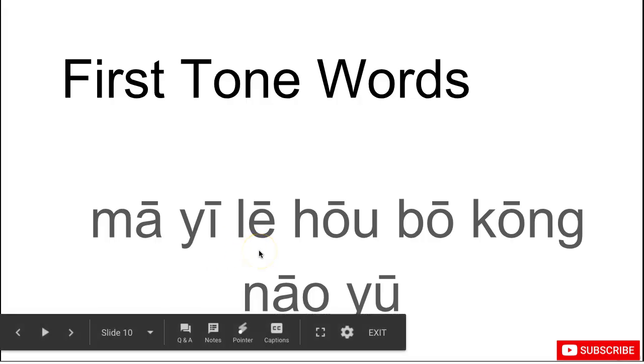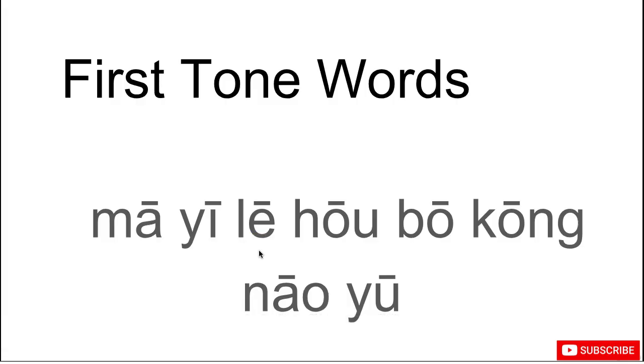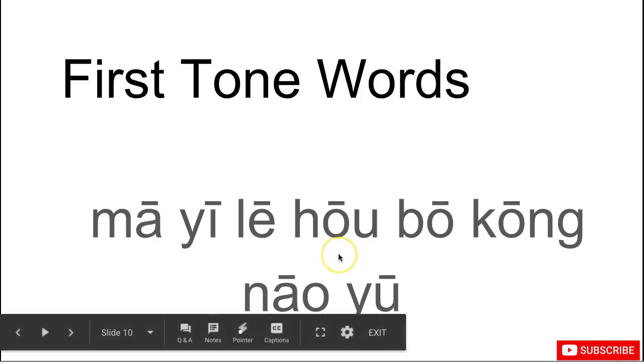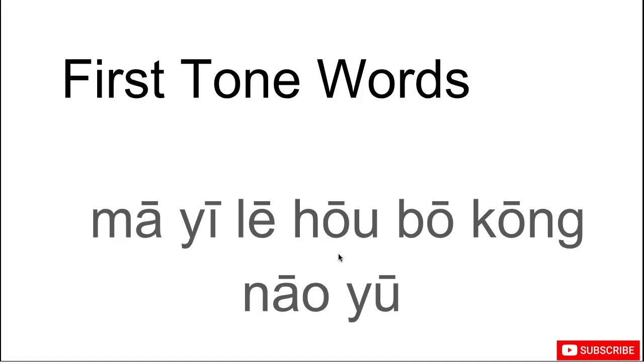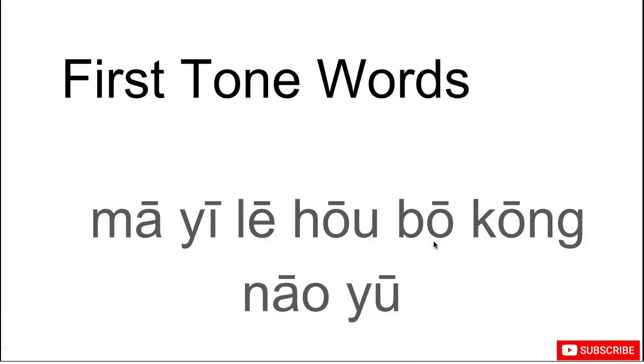The next one is le, le, le, le, le, le. The next one is ho, ho, ho, ho, ho, ho. The next one is bo, bo, bo, bo, bo, bo.